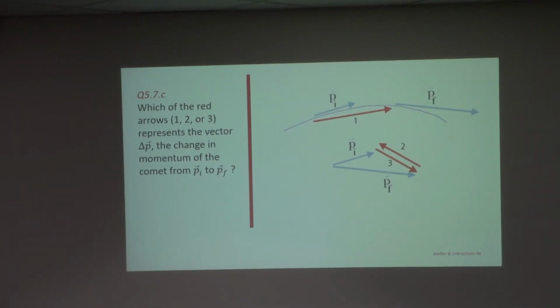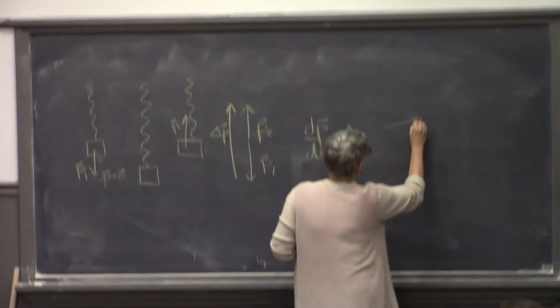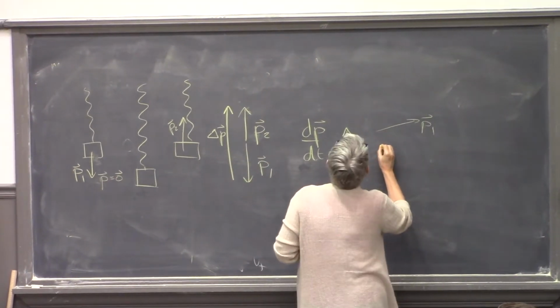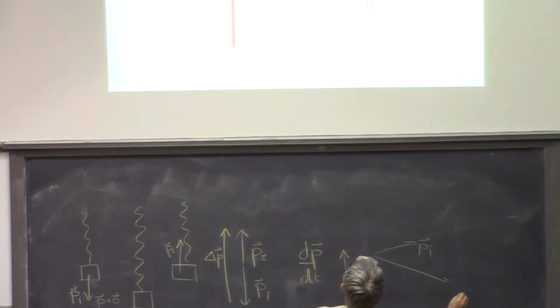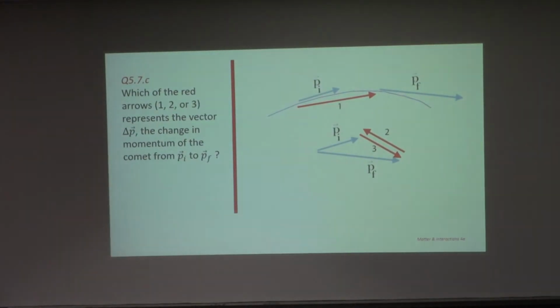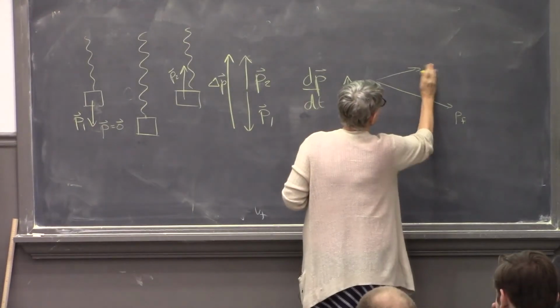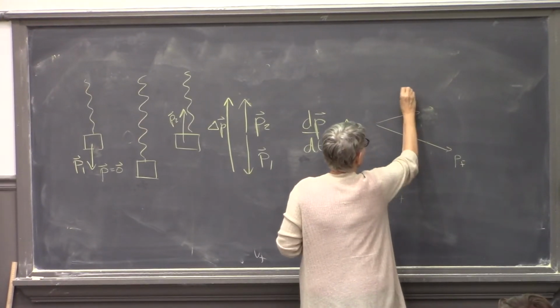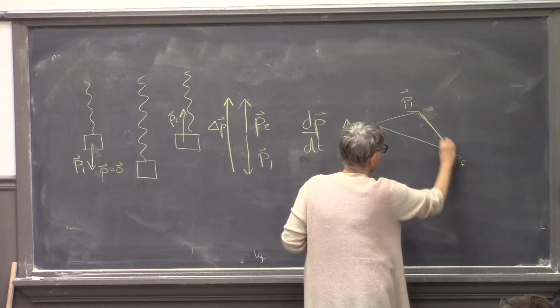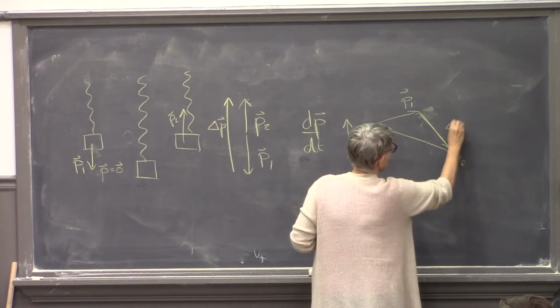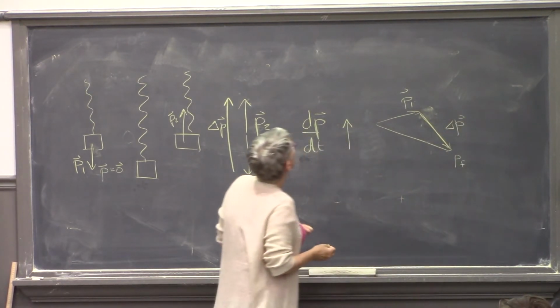So we have to take P initial and P final, and then delta P goes from P initial to P final.